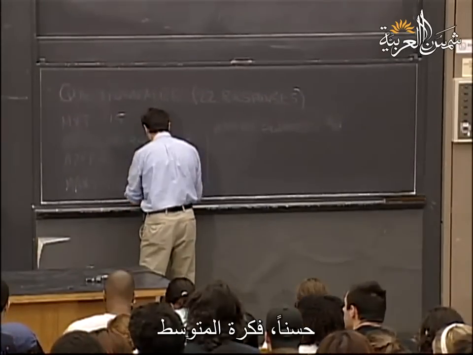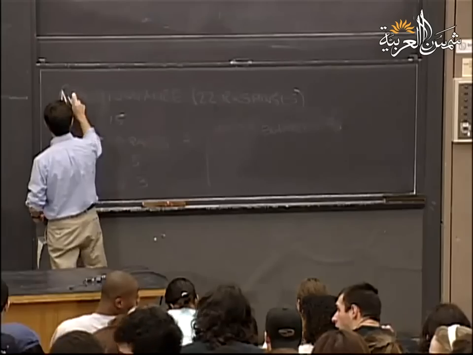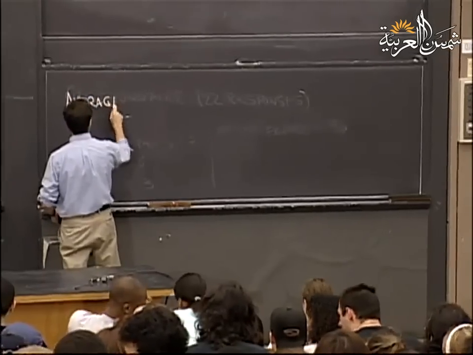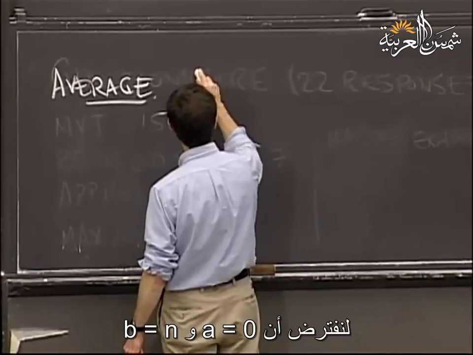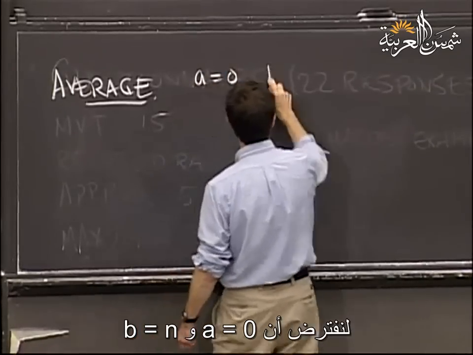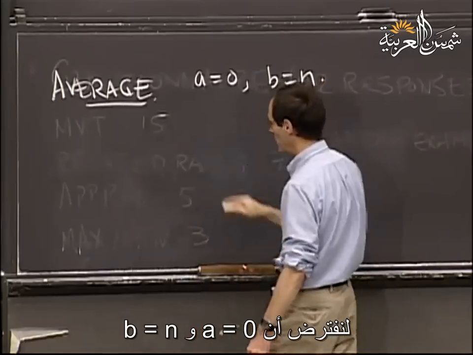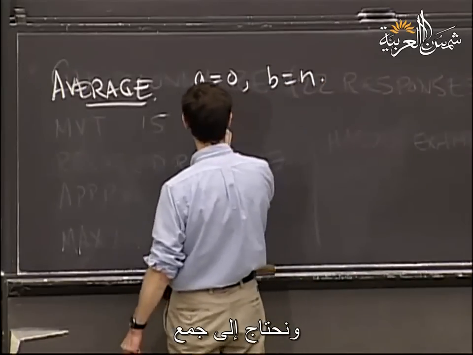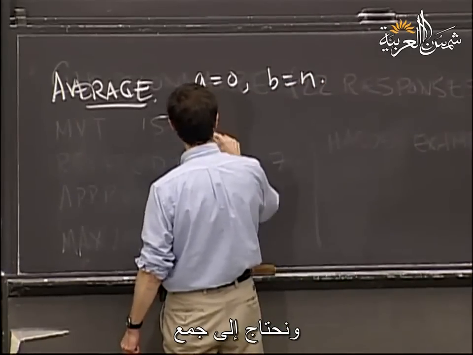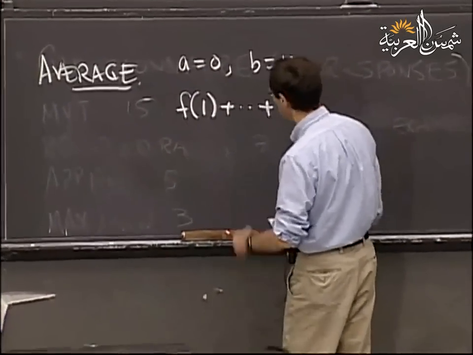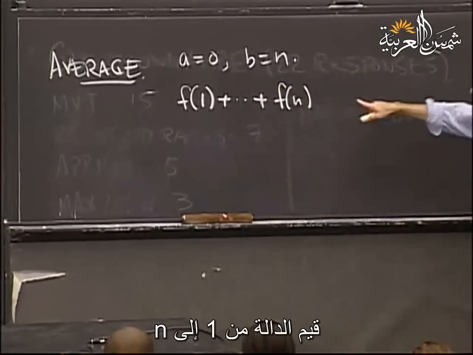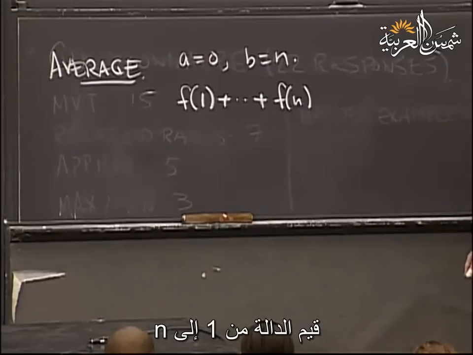So the idea of an average is the following. For example, imagine that a is equal to 0 and b is equal to n, let's say, for example. And so we might average, we might sum the function from 1 to n, all right?